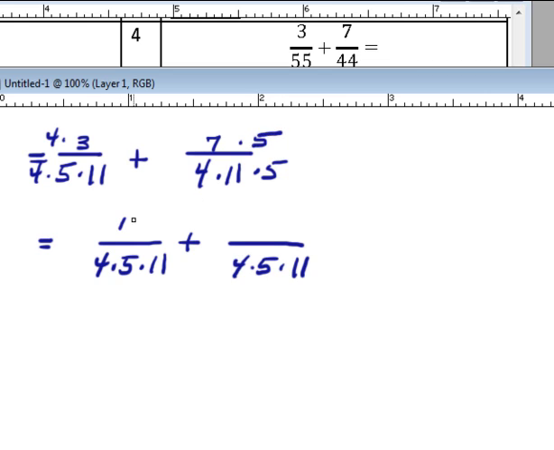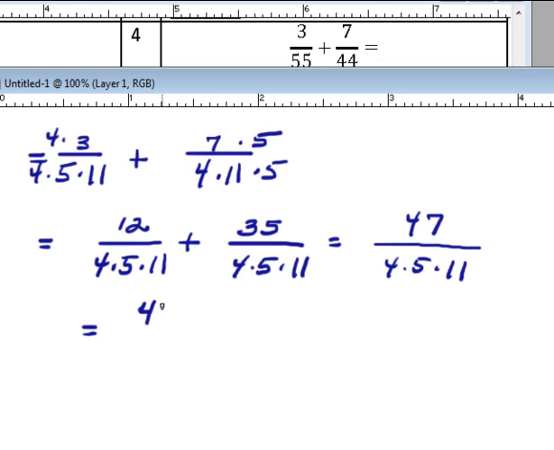So we have 12 in the first numerator and 35 in the second. And here, adding the numerators, we have 47. So that's equal to 47 divided by 220.